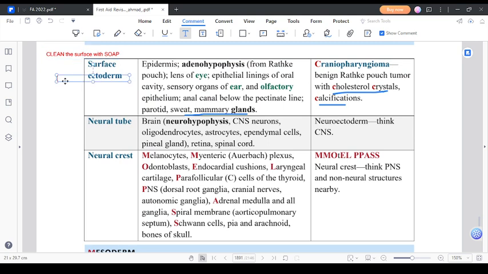CLEAN means C is for the canal, that is anal canal. Then L is for the lens. Then E is for the epidermis.